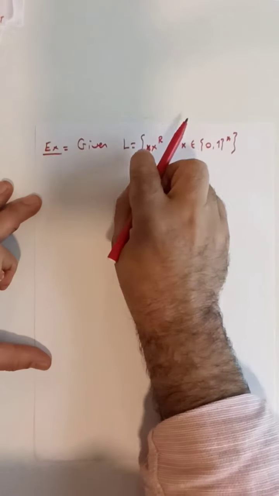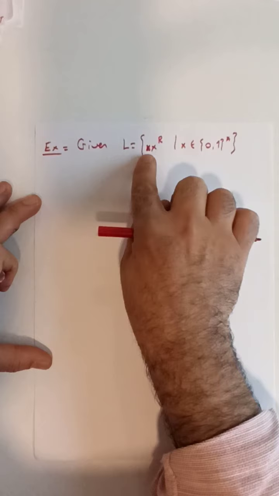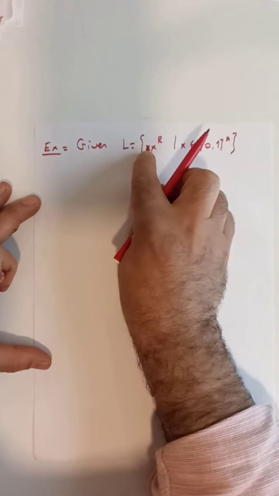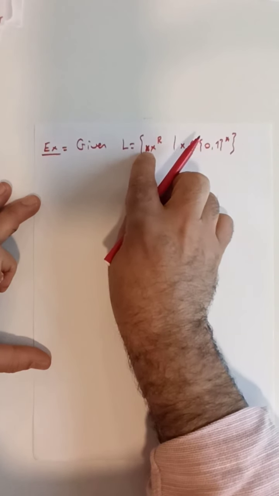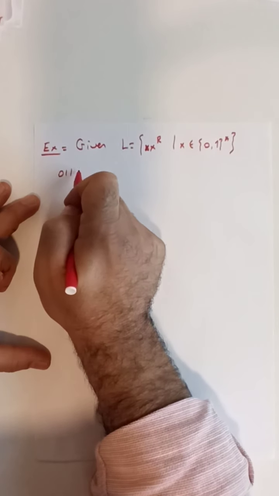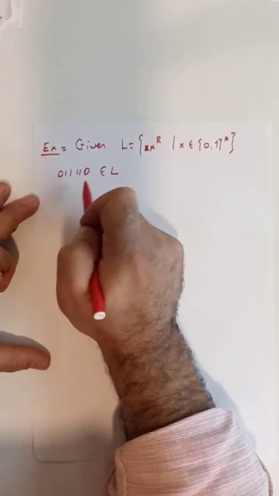What types of strings will be in this language? We should be able to divide the string into two equal halves, such that the second half is the reverse of the first half. So for instance, 0 1 1 1 1 0 belongs to the language. Why?